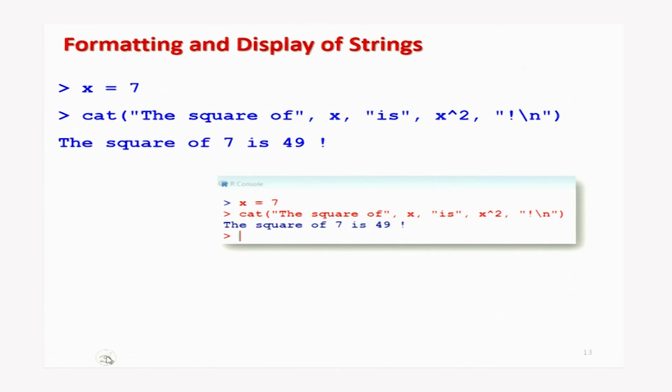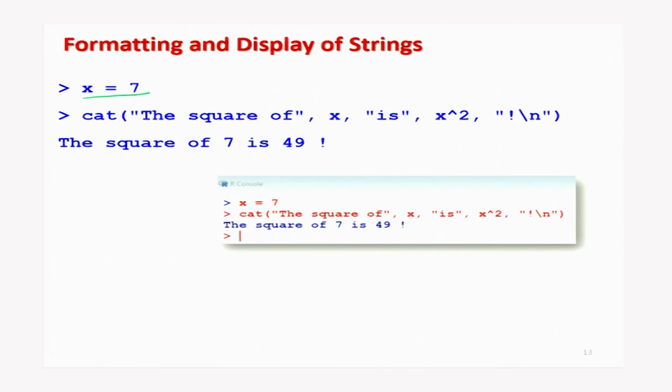Similarly, I take one more example. You have seen this type of example in your mathematics books. I have here a number x equal to 7. This number is going to be changing, varying, and it is user dependent. What I want to write is that the square of this number is going to be whatever is the output of the square.